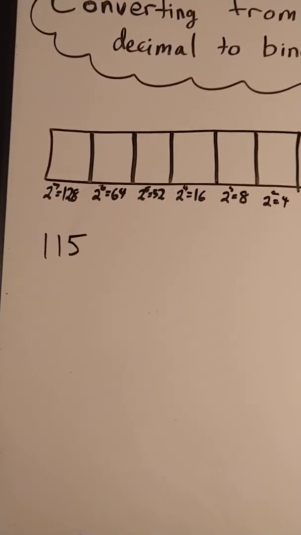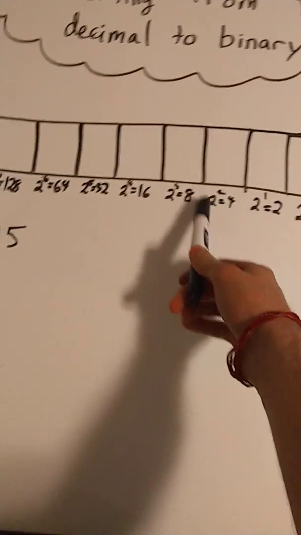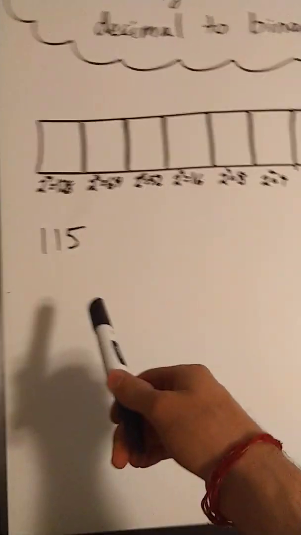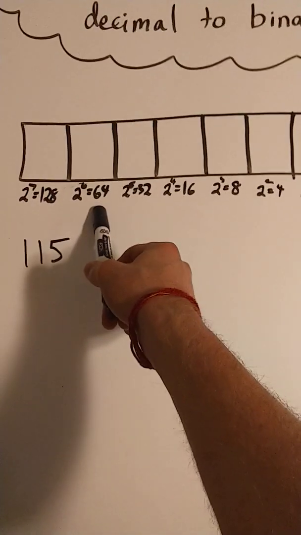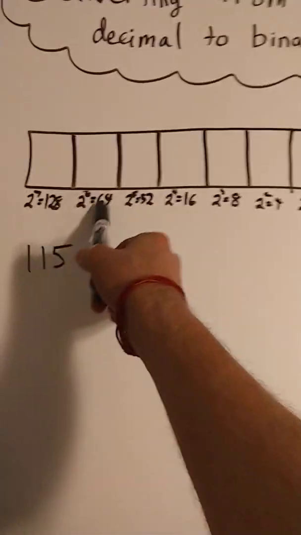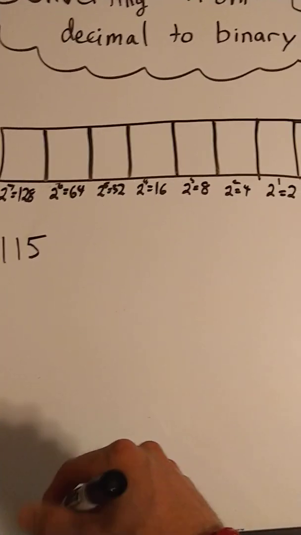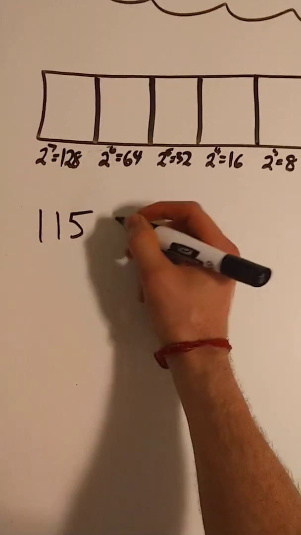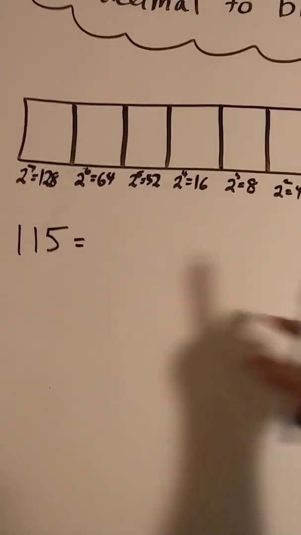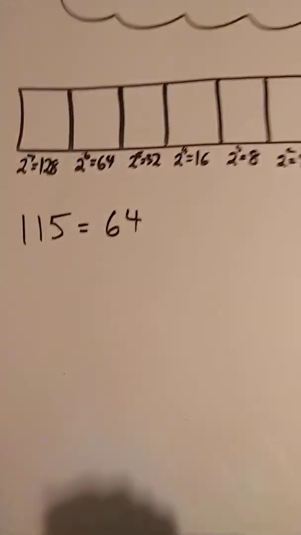We look at the powers of 2 we have here: 1, 2, 4, 8, 16, 32, 64, and 128. We choose the biggest number that is not above 115. In this case, that is 64. What we're really trying to do is break 115 down into an addition statement using these numbers. So our first number is going to be 64.